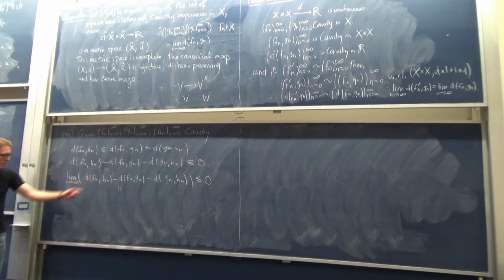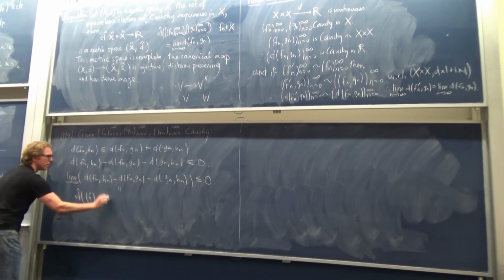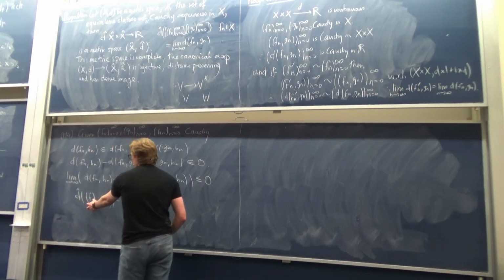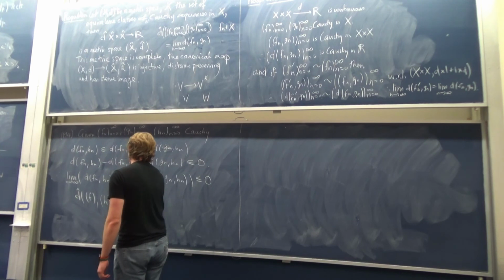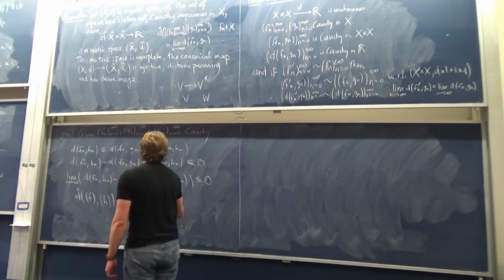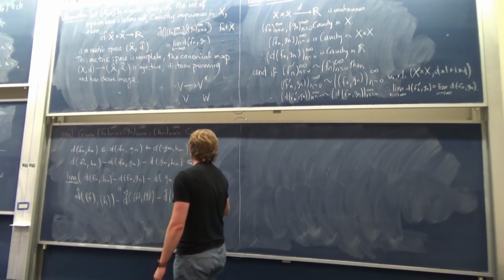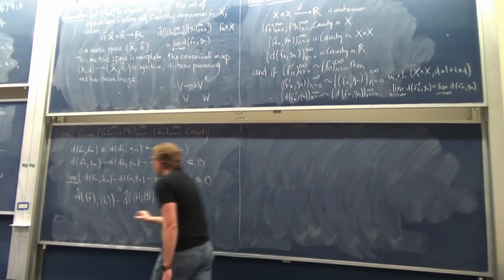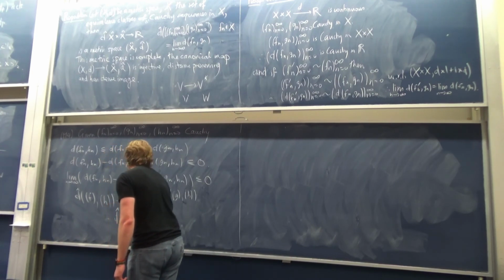So the limit of this is just precisely d hat of the f's. I hope it's clear what this means. This means fn, n equals 0 to infinity. So that's fg. And that's gh. And just rearranging that, taking those two terms over the other side, we get the desired inequality for d hat.